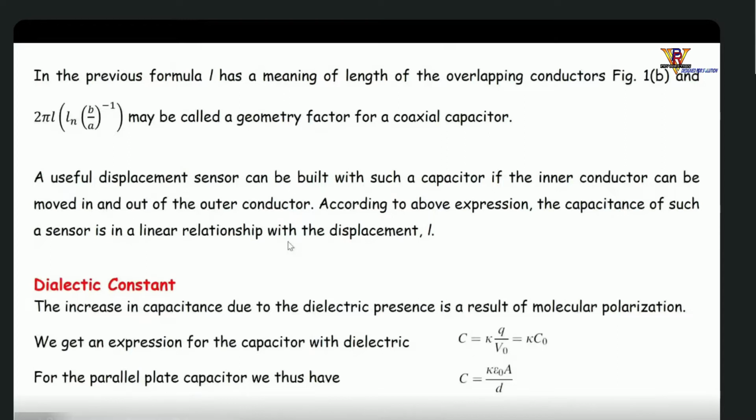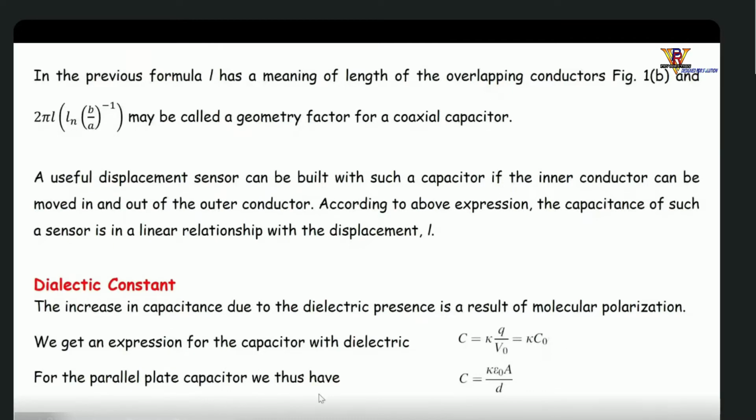The increase in capacitance due to the dielectric presence is a result of molecular polarization. Because of the molecular polarization, we get different values of capacitance. So we get an expression for the capacitor with dielectric: C equals K Q by V naught, where Q by V naught is represented by C naught. C naught is the capacitance.